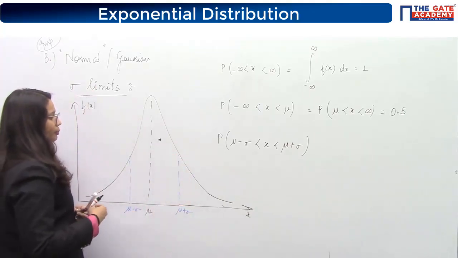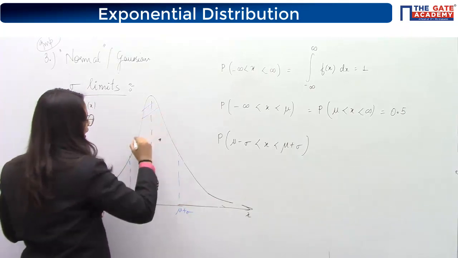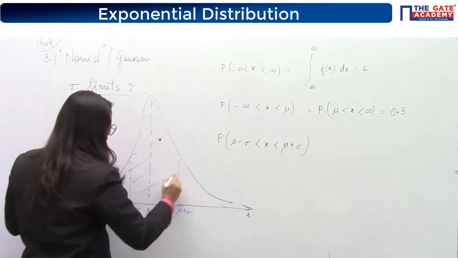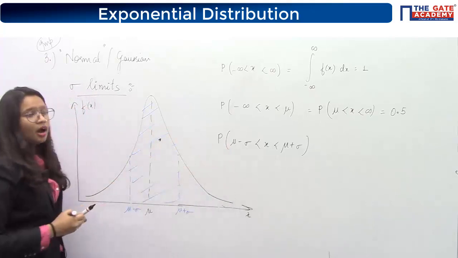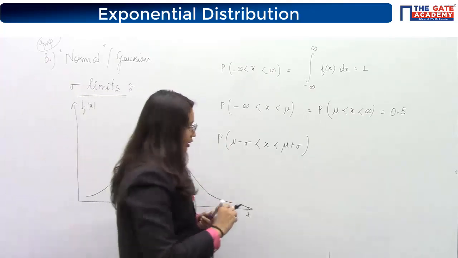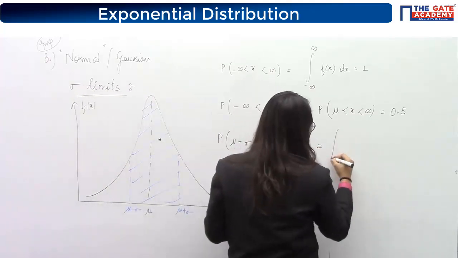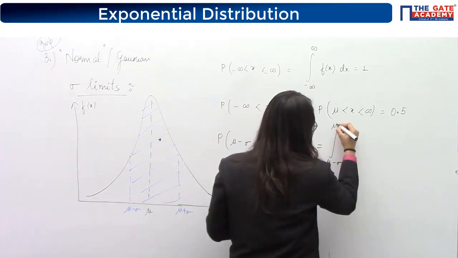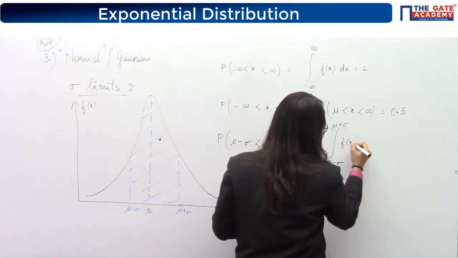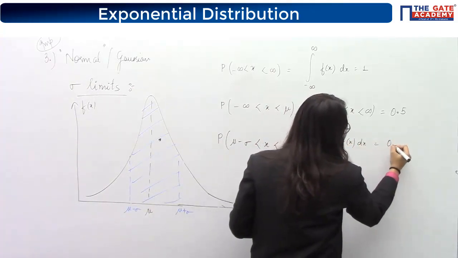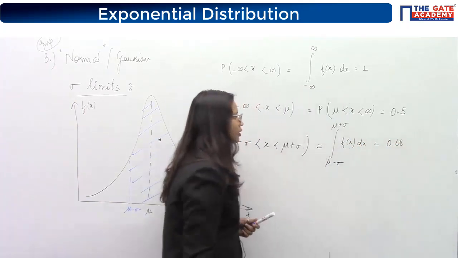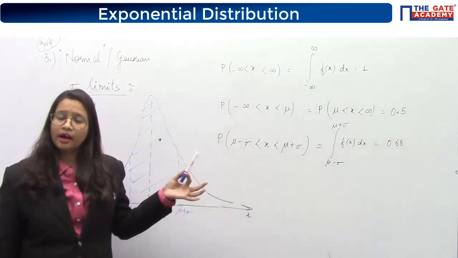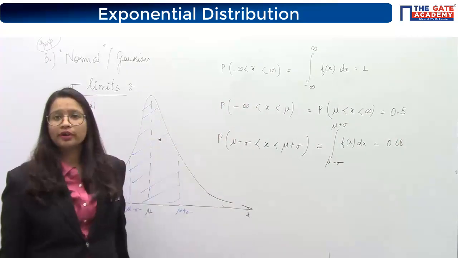What we found by the research is that the area, or the probability, in this range is always constant, and that value was 0.68. This value is found to be the same every time, that is 0.68.